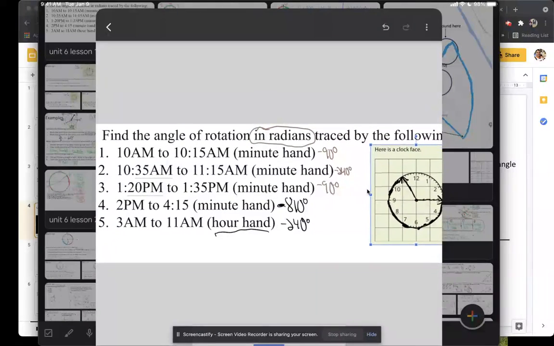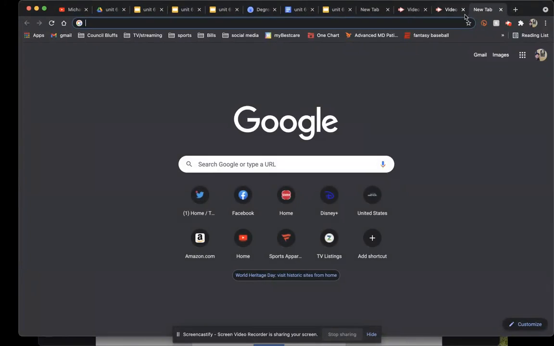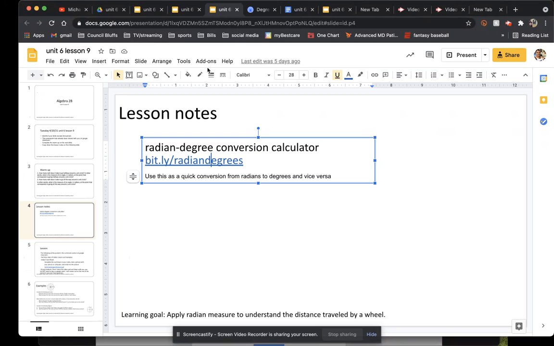So I have now gone ahead and answered every question in degrees. Now all I have to do is go through and convert all of these to radians. In case you forgot, I'm going to use my calculator here. If you lost the link, the link is in the lesson notes from lesson 9.